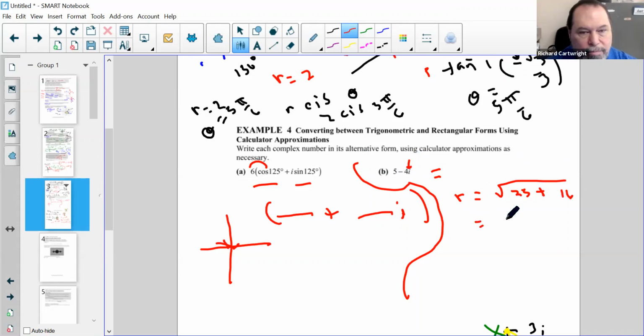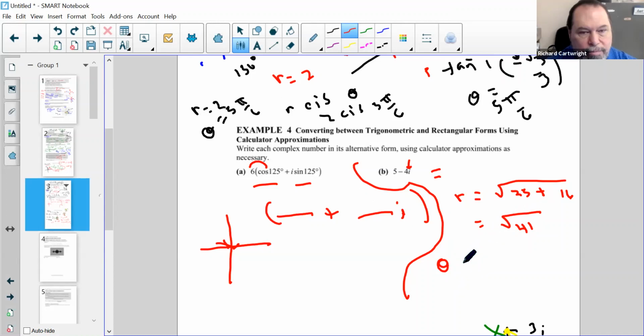So r will be the square root of 41. Well, bummer. He wants decimal answers. And I don't have decimals right now because I don't have a calculator. So I'm going to write my answer with the square root of 41.